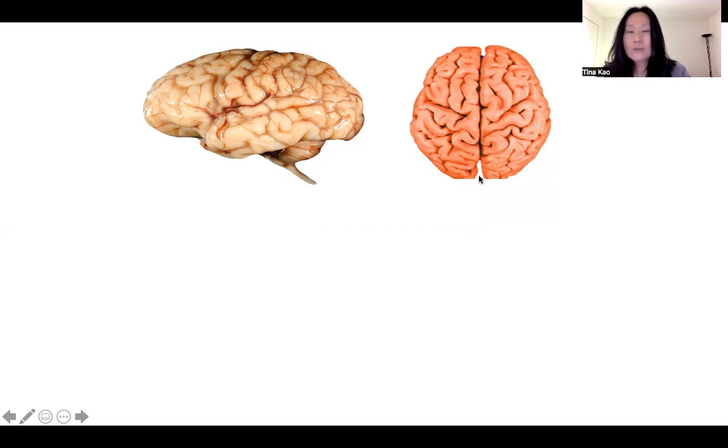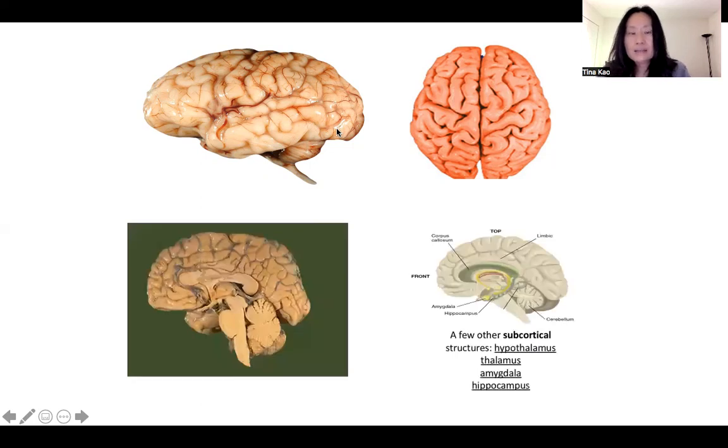But really, what you're looking at is the cortex of the brain. You're looking at the outer structure of the brain made of these different sulci, which are these indentations, and gyri, which are these flattened parts. So, gyri, sulci. But really, the brain has subcortical tissues, sub as in like submarine.